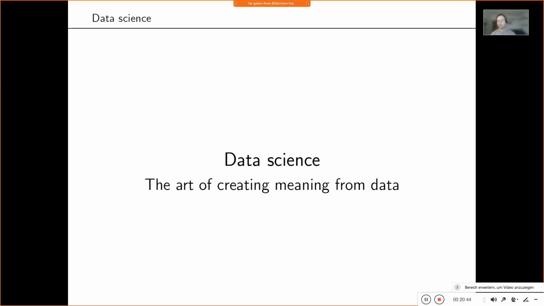But then actually the real work starts in terms of the applied mathematics of understanding what kind of methods are being applied and what they then actually mean, and also in starting to be creative and developing your own data analytical methods to create meaning from the data, because without this interaction or this intervention of a human there, nothing will happen.